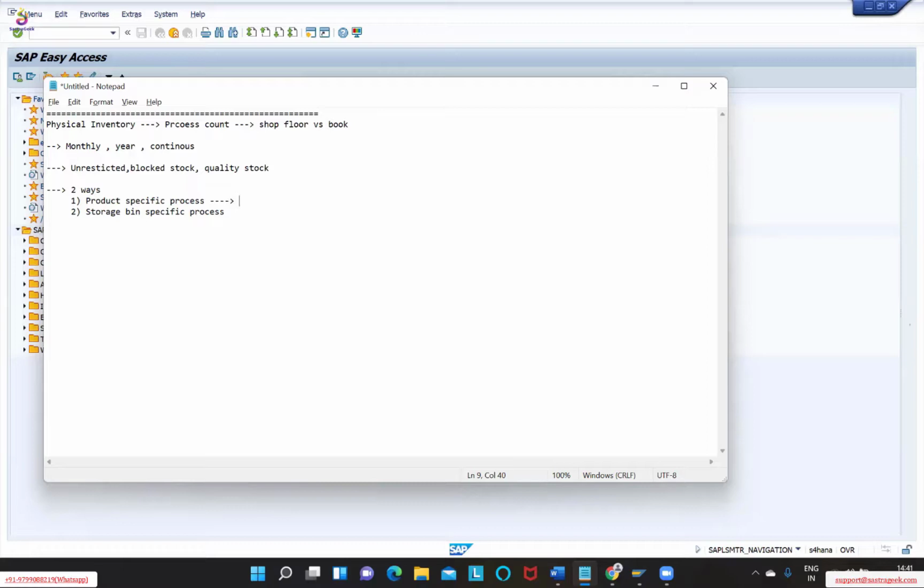Irrespective of all the bins wherever this product is lying, it will be counted. We need to make sure it is applicable for all the bins where the product is placed.